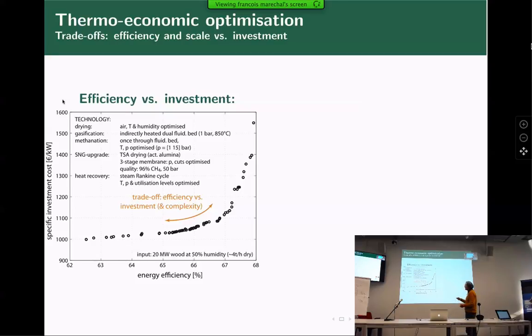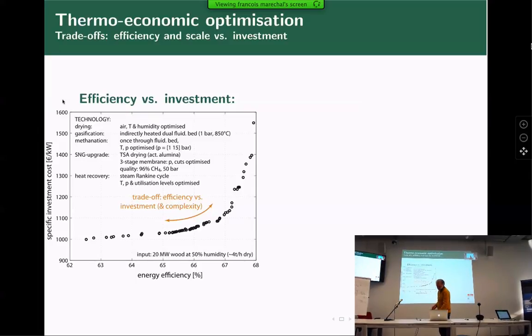So the more efficient the system is, the higher is the cost. And what you can see is that going from 62 to 66 does not cost too much. Going from 66 to 68, you double the cost. Okay? So it's important to identify that the technologies are to some extent blocked in this case.